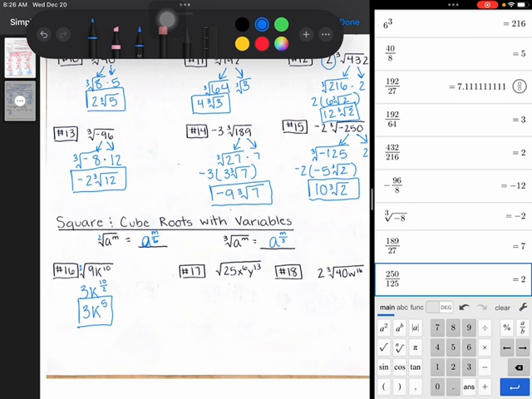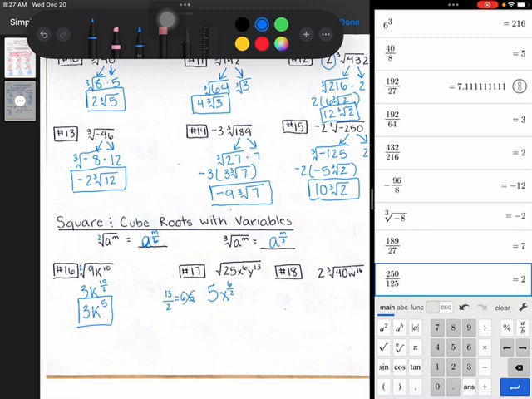And then again in 17, we see that 25 is a perfect square. So I have 5. And then 6 is an even number. So I have x to the 6 over 2. But then we need to figure out y. Because if I did 13 divided by 2, that would give me 6.5, which I can't use a decimal in an exponent.